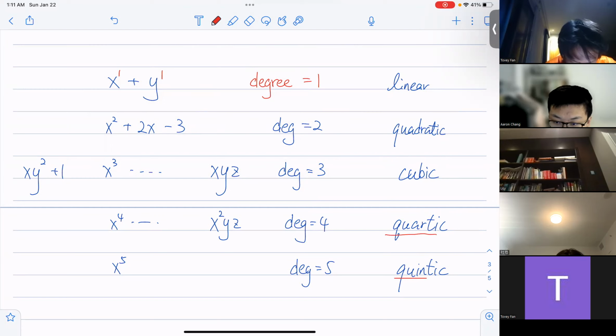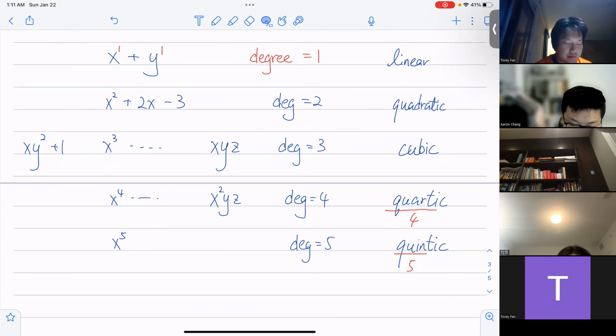This means 5, and this means 4. And we don't have any more names for degrees more than 5, because for degrees more than 5, we cannot find a generalized solution. But anyway, we will mention that later on.